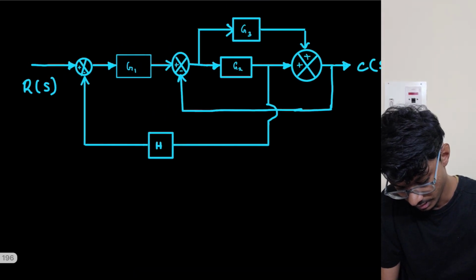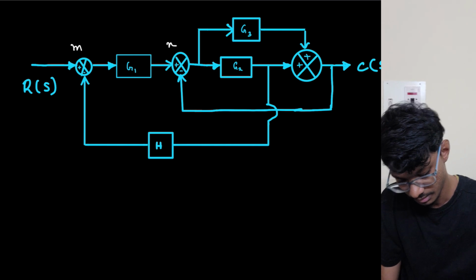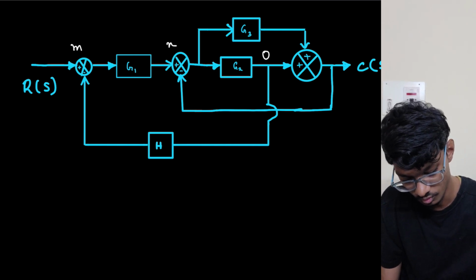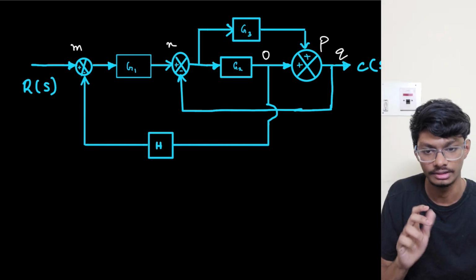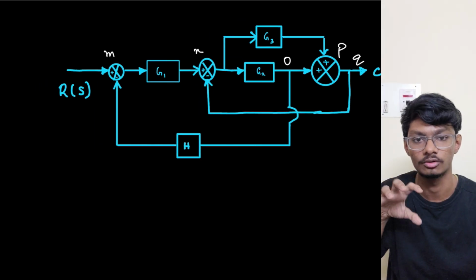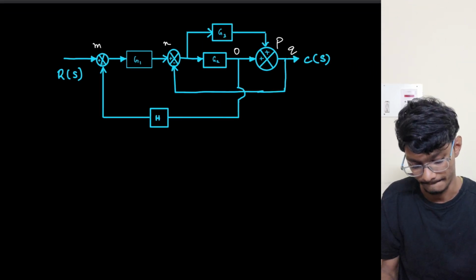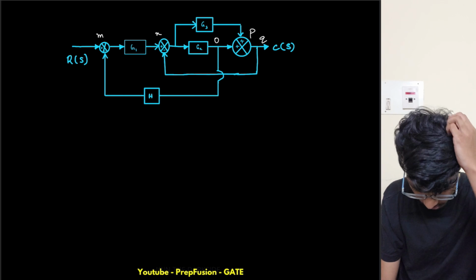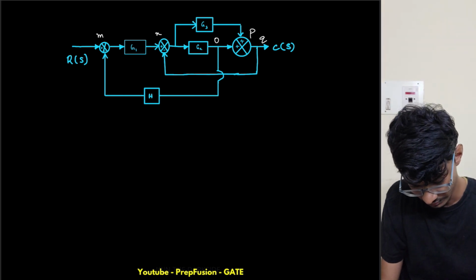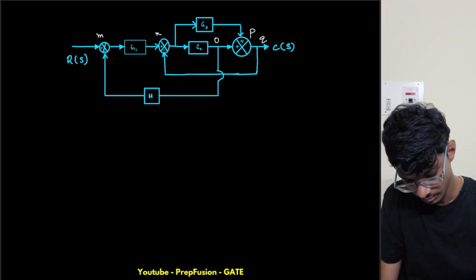So this adder I can name as M, N, then here as O, P. I'm naming all of them differently to be on the safer side so that I don't make any mistakes. Now let me draw the SFG for this one. So we have input and output.